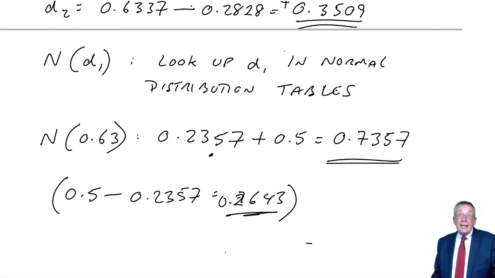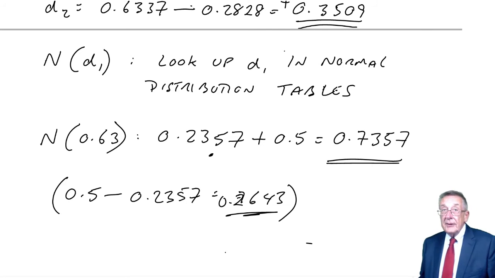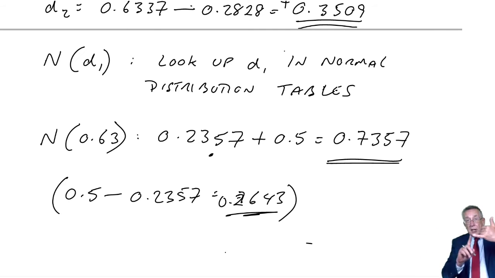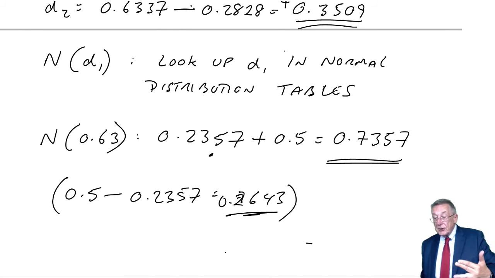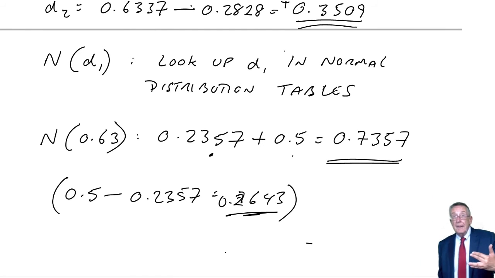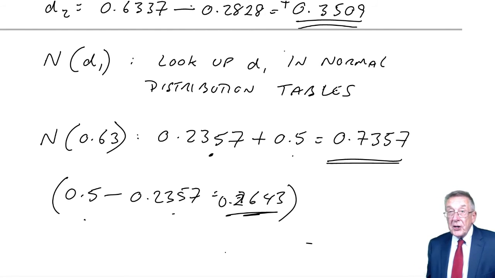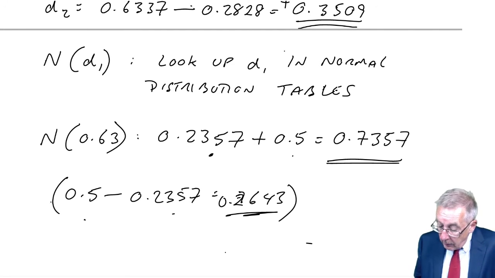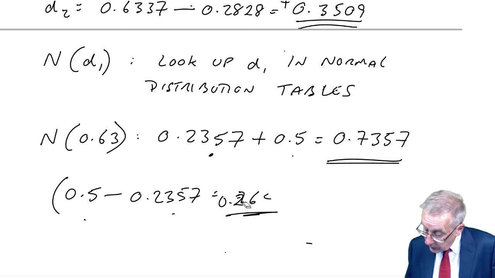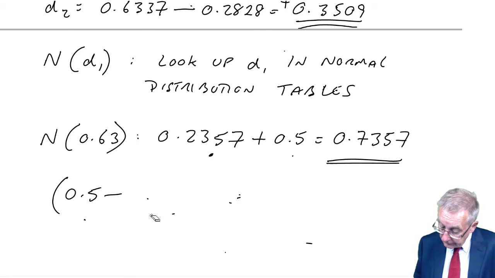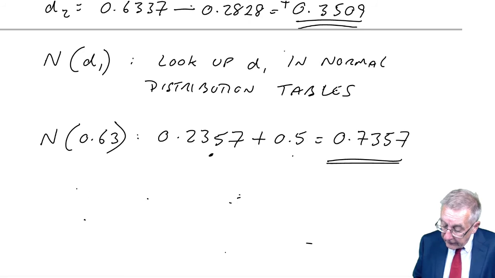Now it isn't negative, obviously, so that's irrelevant. But be clear, you look up the positive number, whatever. So if D1's 0.63, you look up 0.63. If it was plus 0.63, you add 0.5. Had it been minus 0.63, subtract what you get from 0.5. Okay, well here it was positive. Anyway, we're nearly there, we've got N(D1).